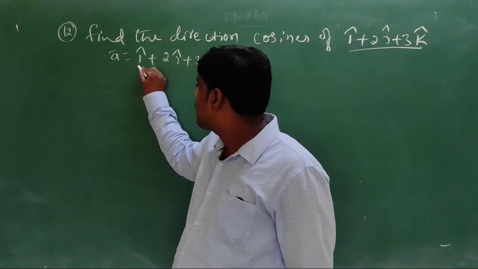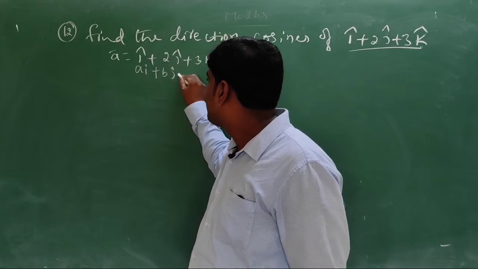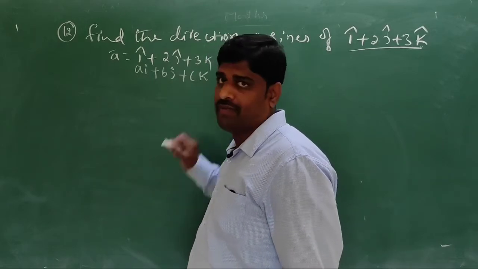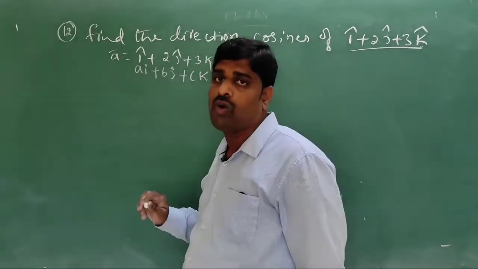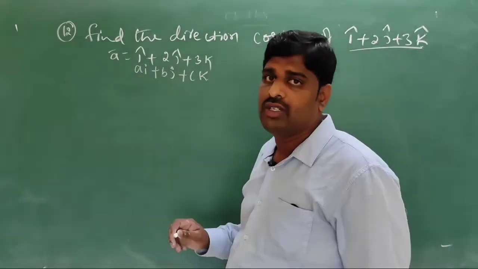This is of the form ai plus bj plus ck. What is the value of a? 1. What is the value of b? 2. What is the value of c? 3.